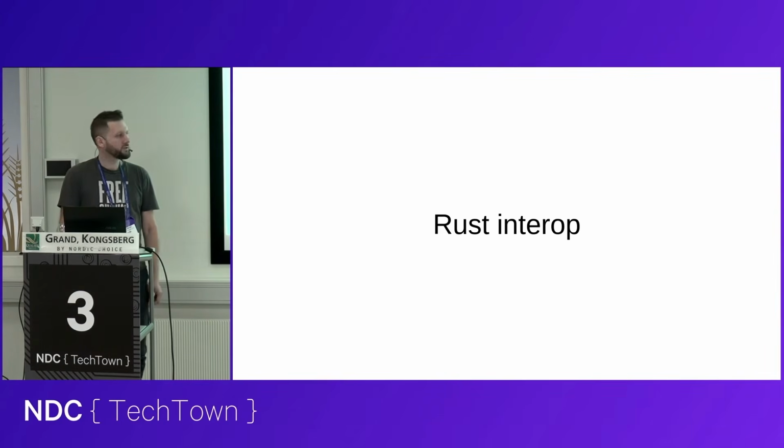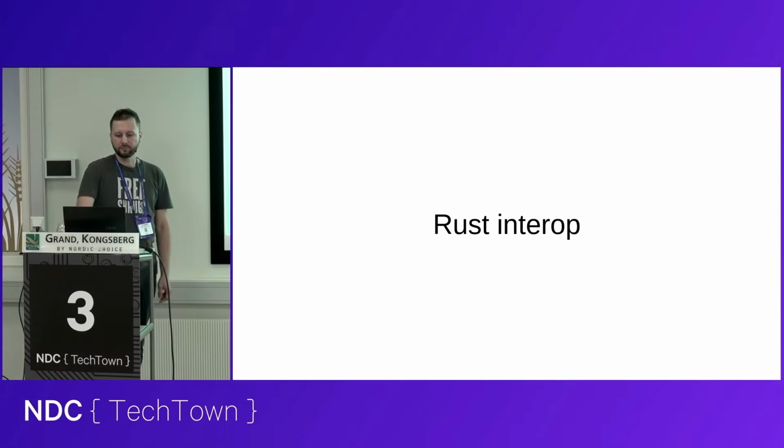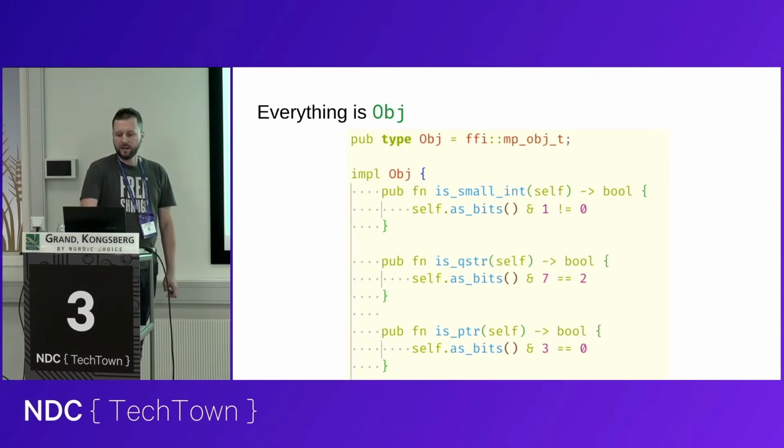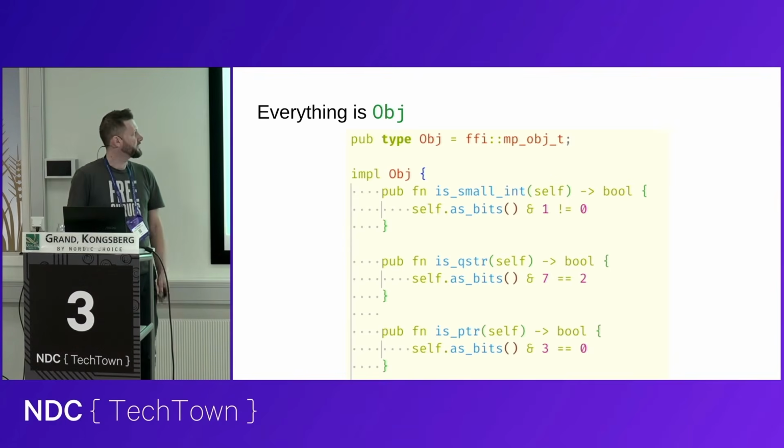Without further ado, let's look at what we are actually doing. The very first thing we need to do is make an object type. We call it obj to represent the mp_obj_t. And in Rust, this type alias allows us, well, we could do it without it, but it's a nicer name. And we implement some functions on it. Most of them are identifying what the object is and conversions from and to different kinds of Rust objects.